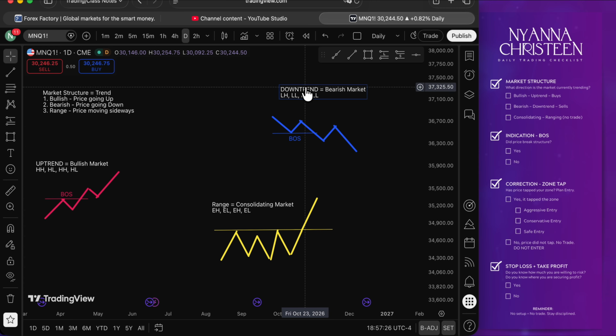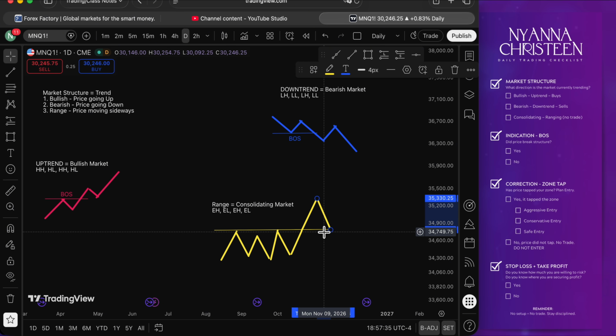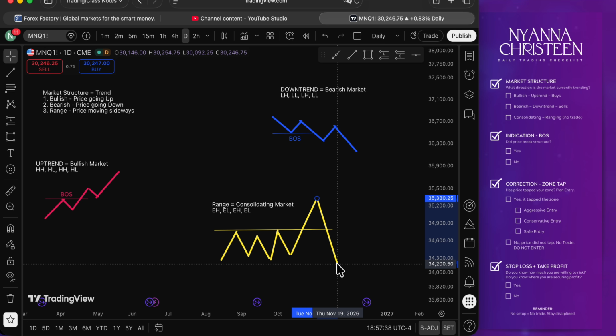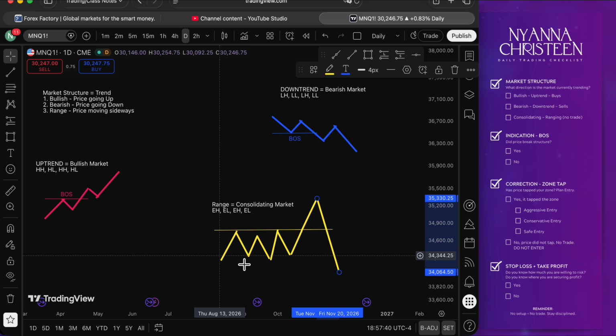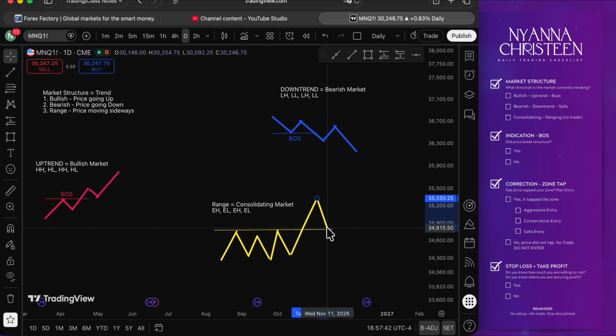Then again, this is just an extra tip. You could either get in on the breakout, which I wouldn't recommend. I would wait for the pullback for price to retest this area to make sure it doesn't want to fall back in. Because if it falls back in, you don't want to be trading in this ranging market. You want price to pull back, and then you can get in here at an entry if it holds, or you'll wait for the continuation.